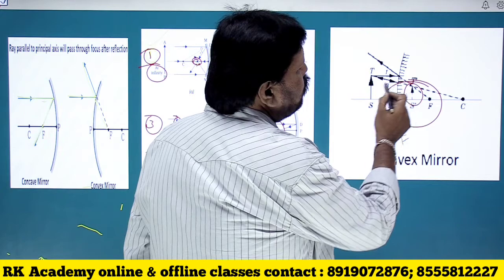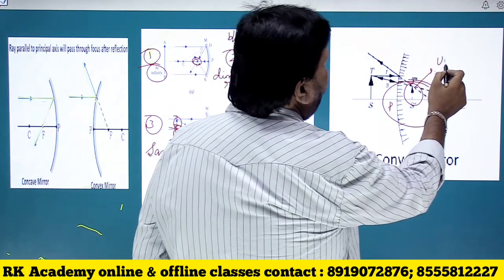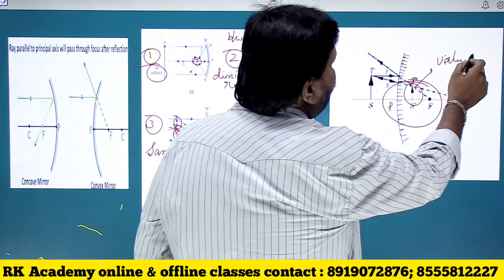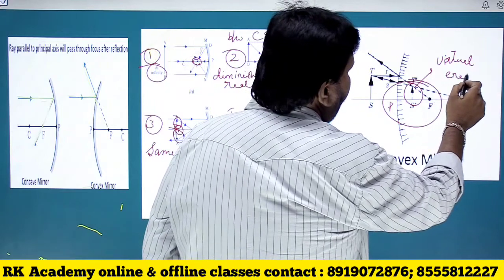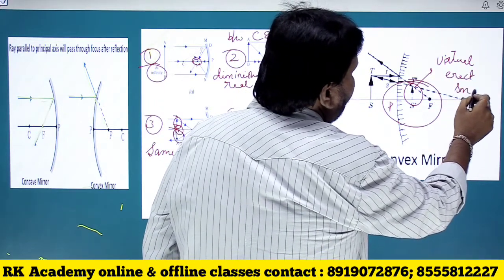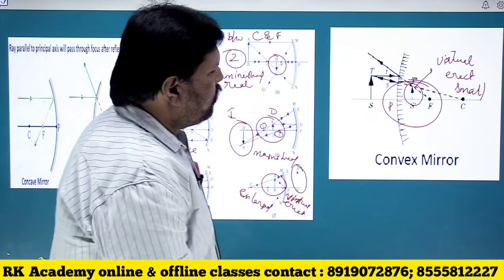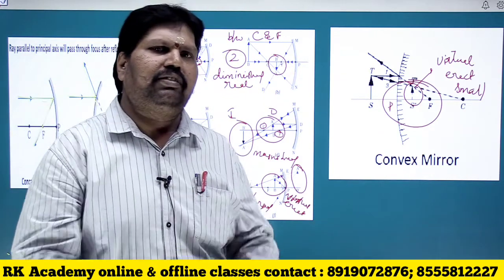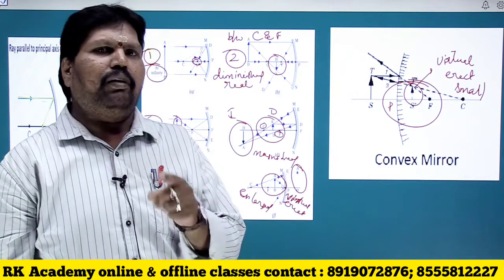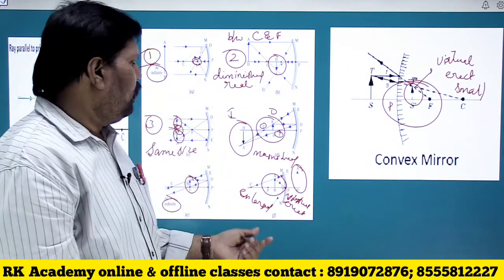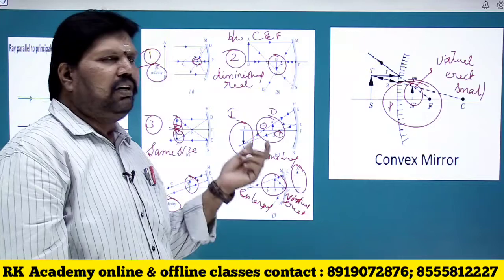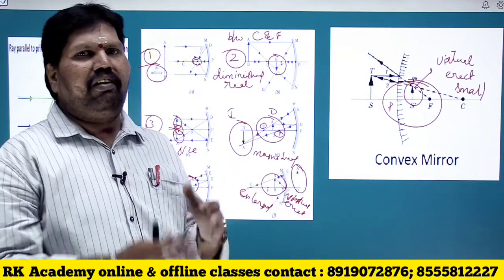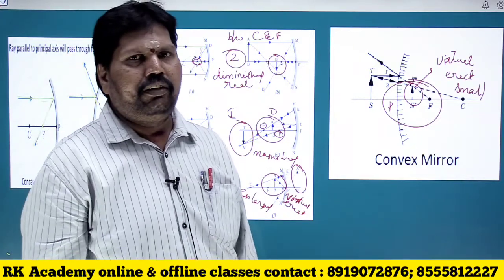This is virtual, erect and small, diminished images. Using a convex mirror, only small virtual images are formed. That is why I stressed the bit for the concave mirror. Only a concave mirror can form enlarged virtual images.